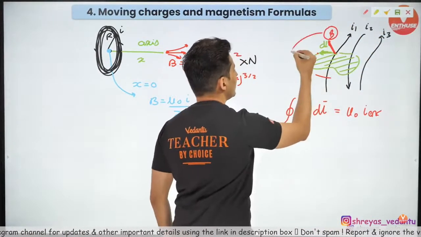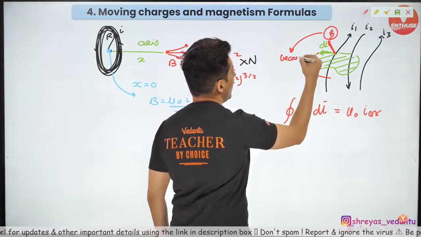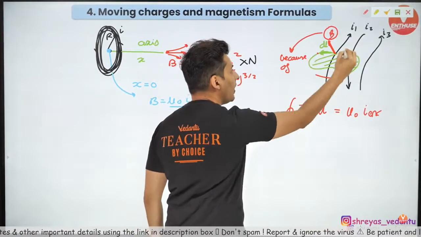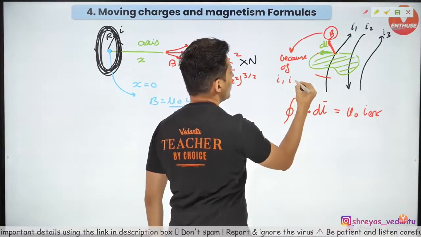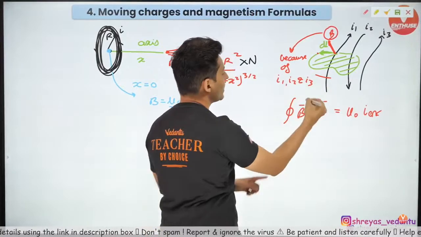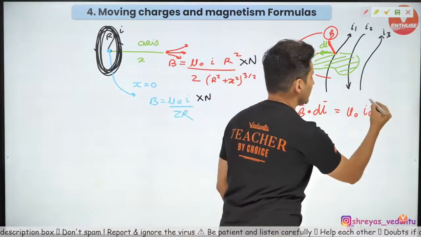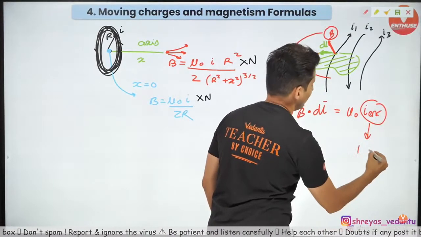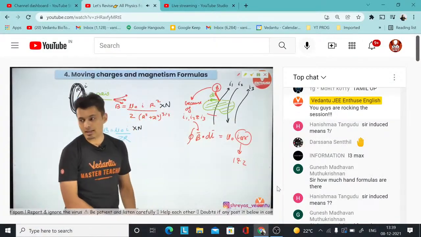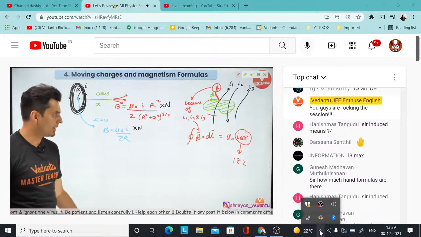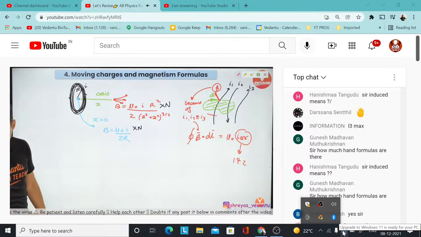This field is because of all the three, I1, I2 and I3. All the three cause this field. But the enclosed current is only because of I1 and I2. That's it. Keep this in mind.